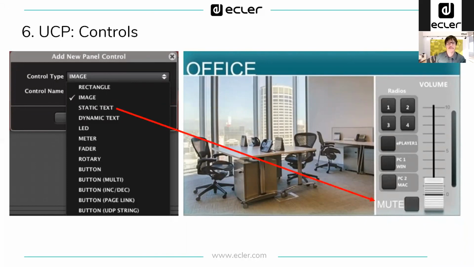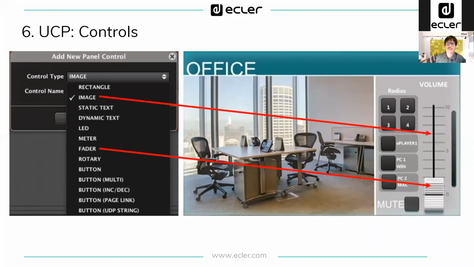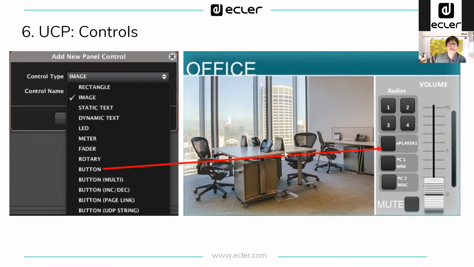You can put static text. You can add LEDs, VU meters, faders, which are buttons that slide up and down, and behind the button there's an image, which is the scale. Also regular buttons.